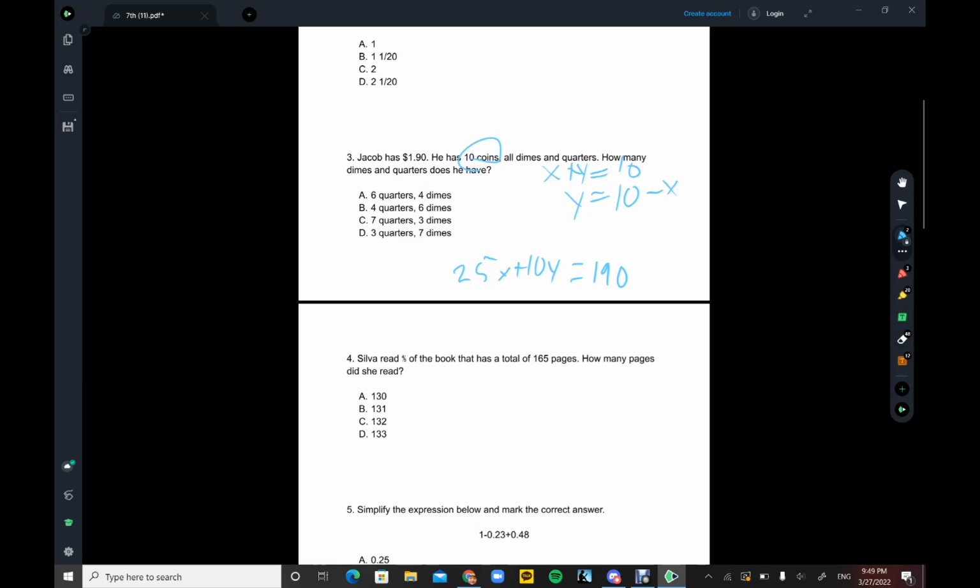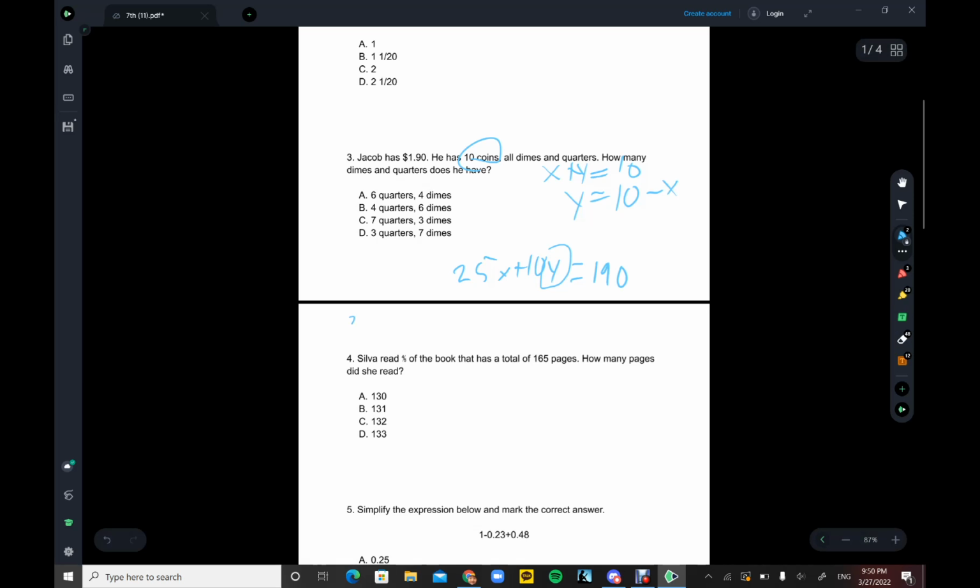So why do you make it y equals rather than x equals? Because you're trying to replace this variable here, and this variable is y. So you just need to find what this variable equals, and here it says this variable y equals 10 minus x. So you want everything to be in terms of x, and so that's why you would make it y equals.